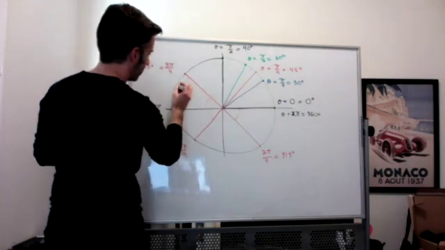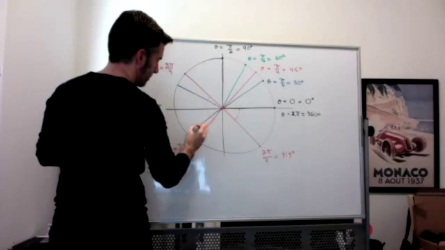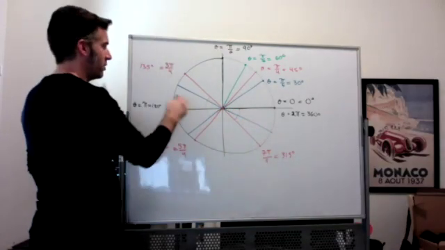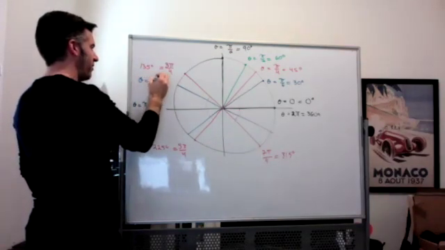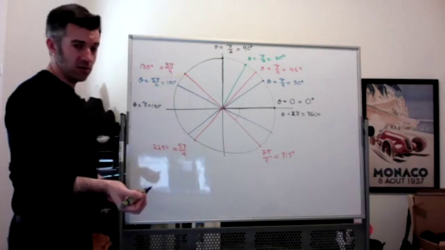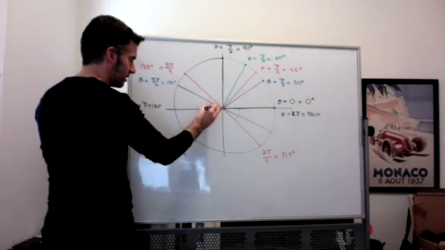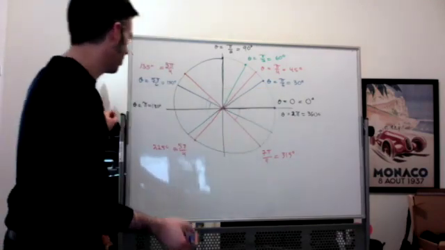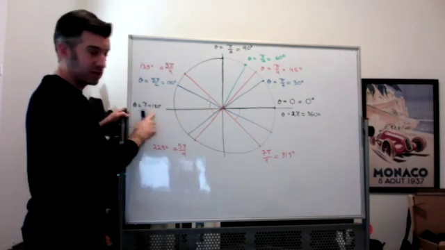Pi over 6. So this angle over here is 5 pi over 6, or 150 degrees. And you might notice to get from here to the x-axis, it's going to take 30 degrees, which is pi over 6. Or for this angle here, which is 30 degrees away, 180 plus 30 is 210.